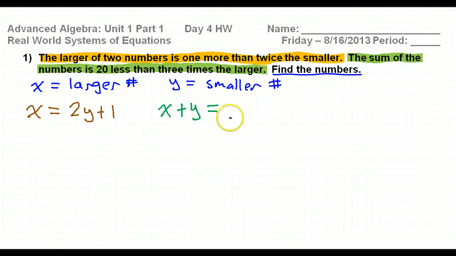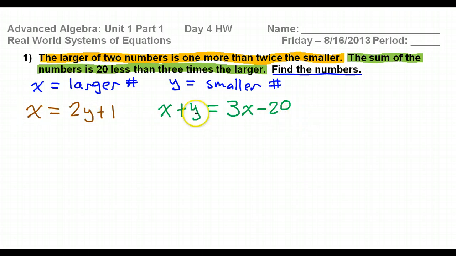Now I'm not going to start writing 20 because when you're subtracting you put it on the end. So I have to find out 20 less than what? 20 less than 3 times the larger number. So 3 times the larger number. Now 20 less than that, so minus 20. It has to be in this order. A common mistake is kids will try to go 20 minus 3x. That's wrong. 20 less than 3 times the larger number is 3 times the larger number minus 20.